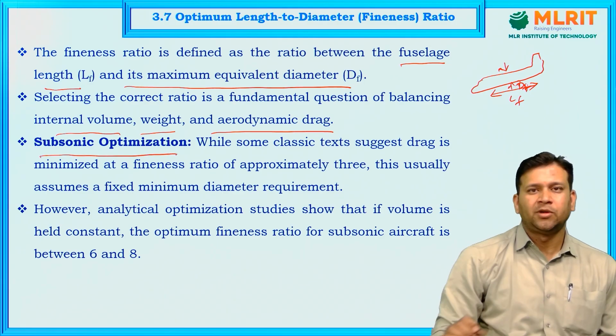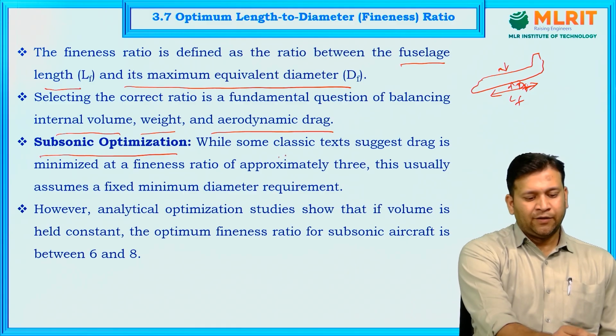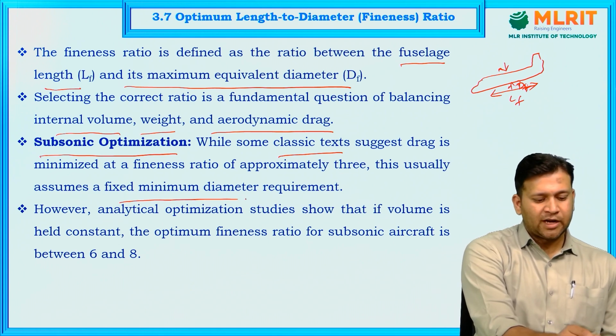During subsonic optimization, we read from some text which suggests that drag is minimized at a fineness ratio of approximately 3, which is usually assumed as a fixed minimum diameter requirement.